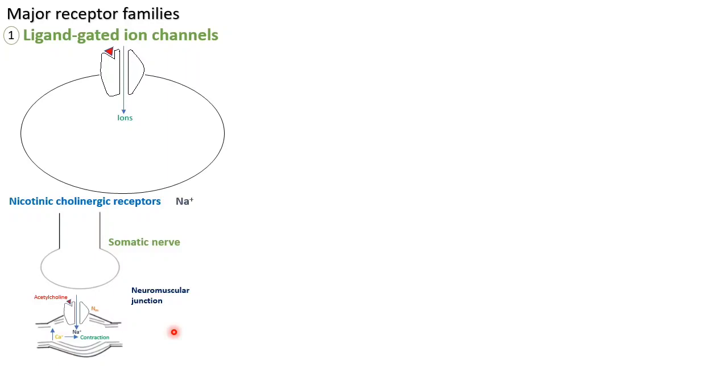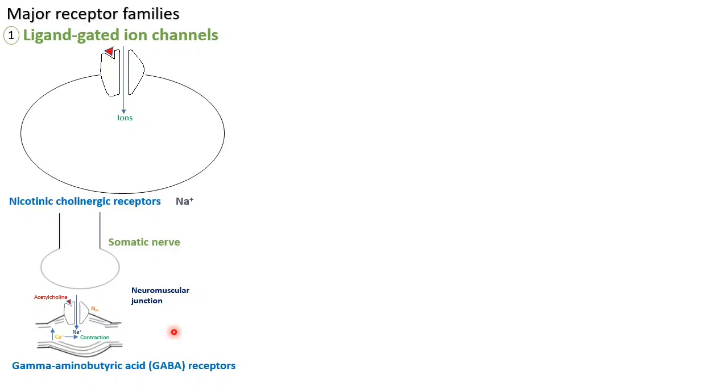So let's see another type of ligand-gated ion channel, which is the gamma amino butyric acid receptors, or for short, GABA receptors. Gamma amino butyric acid is an inhibitory neurotransmitter in the central nervous system.